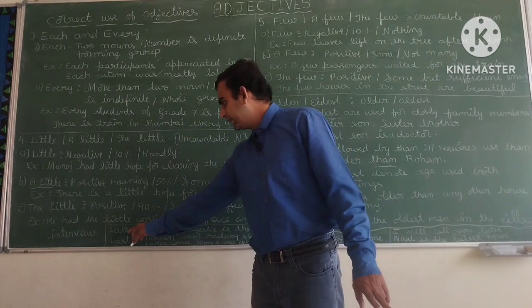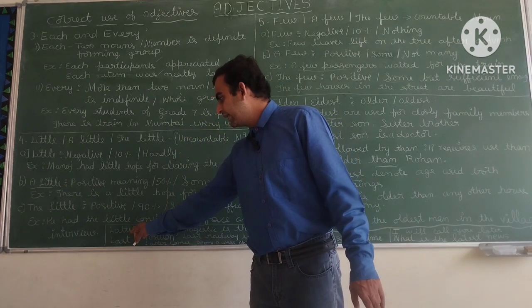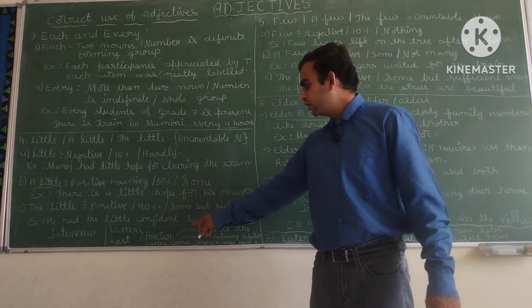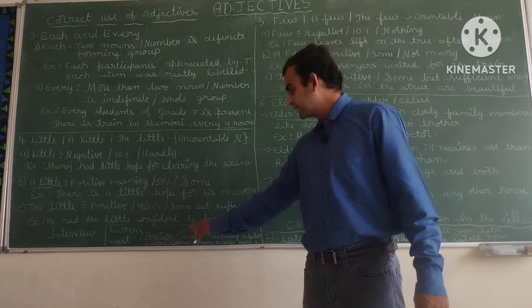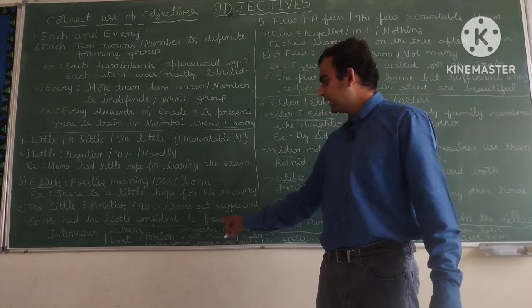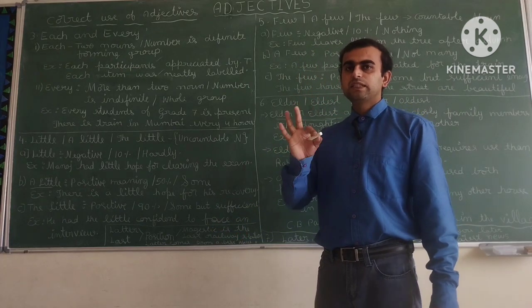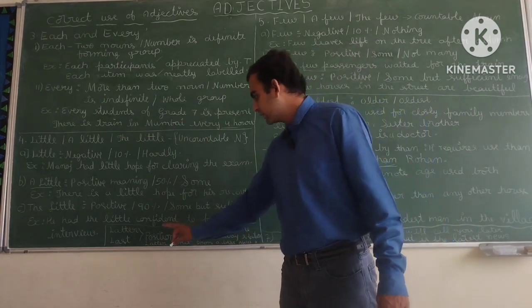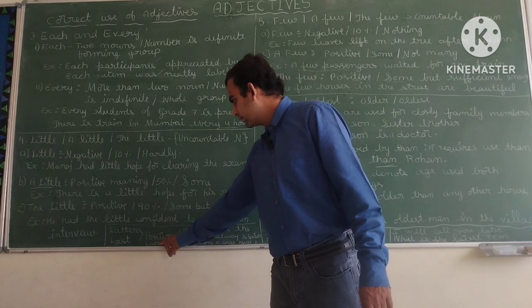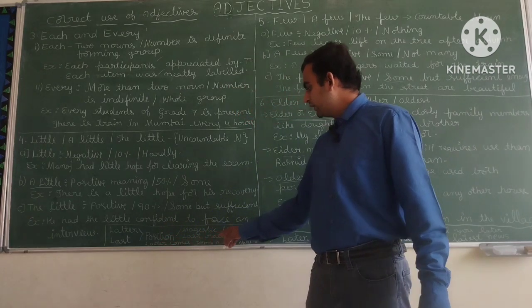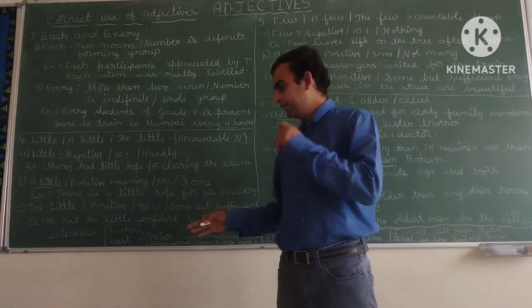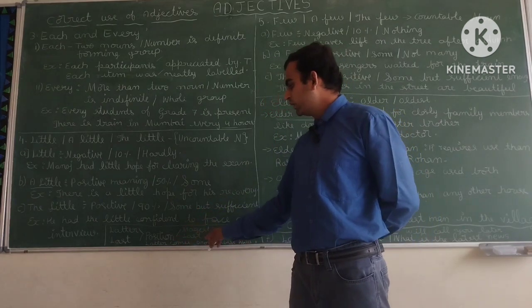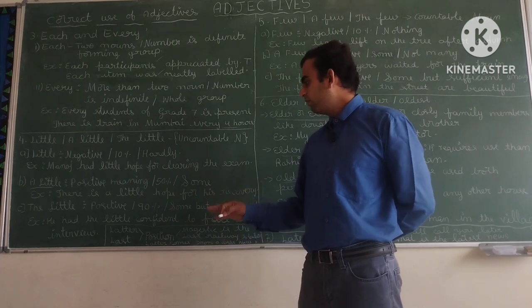Next, latter, L-A-T-T-E-R, and last denote position. Example, Majestic is the last railway station. Second, latter comes Dhoni, the best wicket keeper and captain of India.